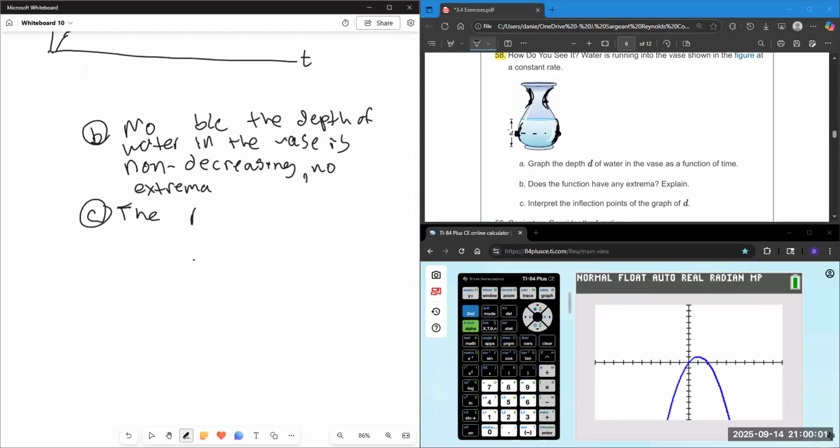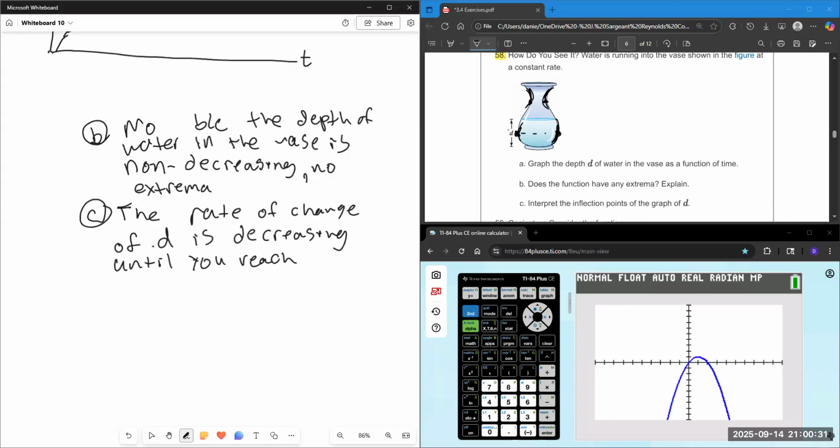The rate of change of D is decreasing until you reach the widest point of the vase, which is right here that I put those dots.